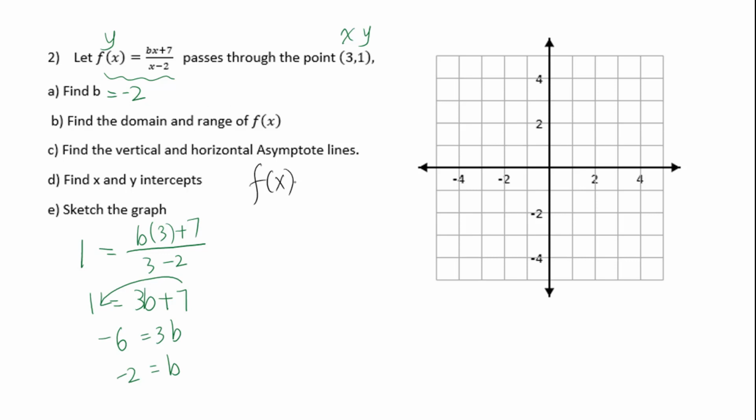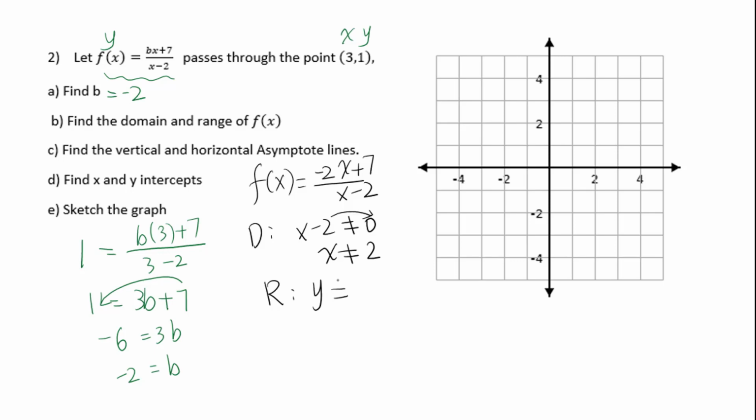We already got f of x equals (negative 2x plus 7) over (x minus 2). For the domain, we set up the denominator x minus 2 not equal to 0. Cross the river, change the sign, x is not equal to 2. For the range, we set up y is not equal to... Remember the coefficient of x.